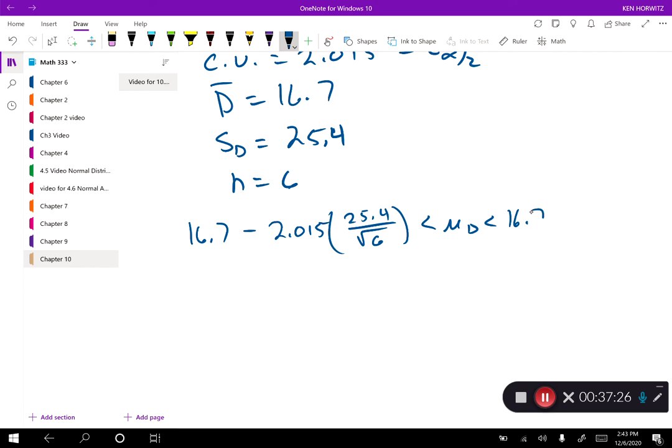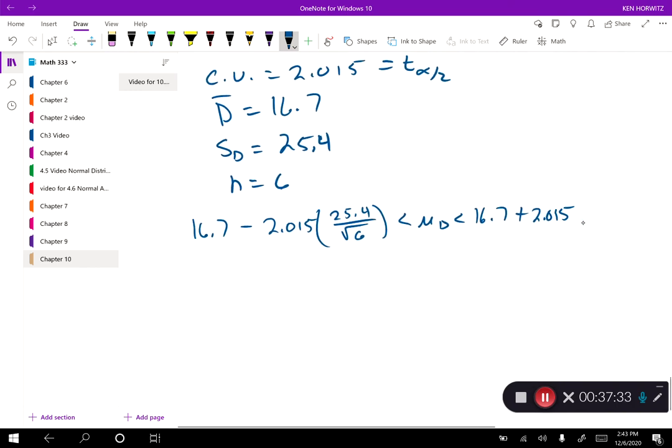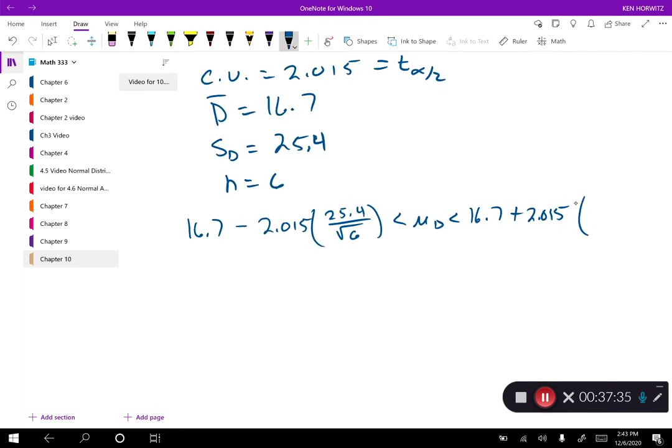And 16.7 plus 2.015 times our standard error. All right, again, take a moment to work out the calculations and we'll see if our numbers match up.